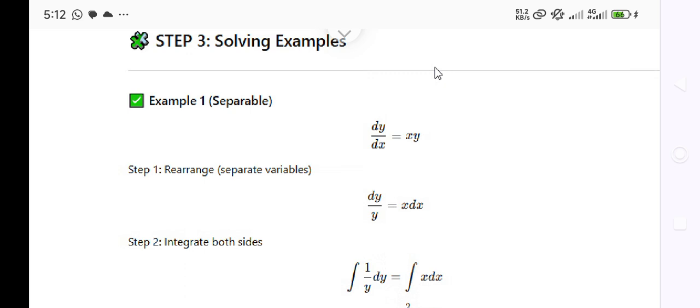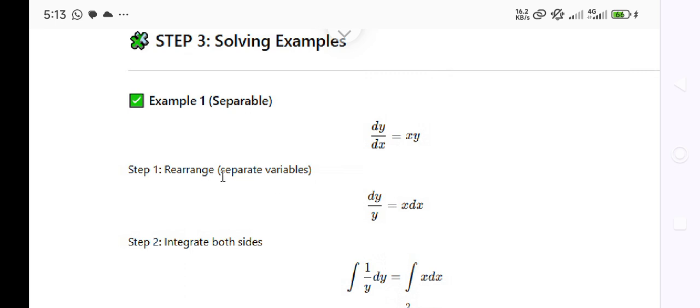We have examples here. Example 1 deals with the separable one. It's a very simple one, just for introduction's sake. This is the question you are given. You have to solve it using the separable method, because I can easily take x to meet dx, and then take y to meet dy. What do I do first? Step 1, rearrange.